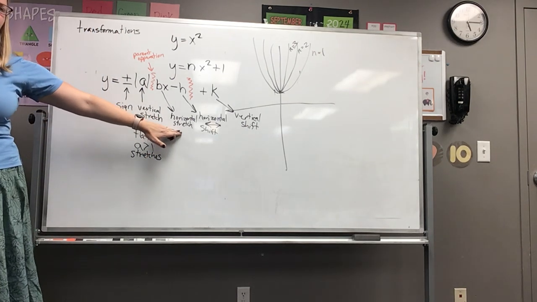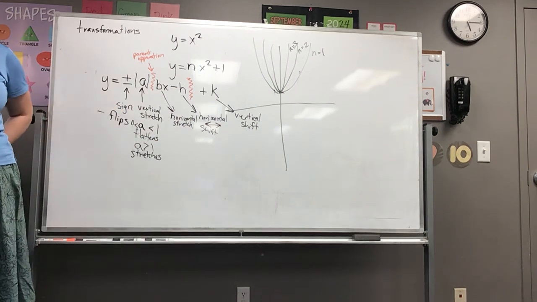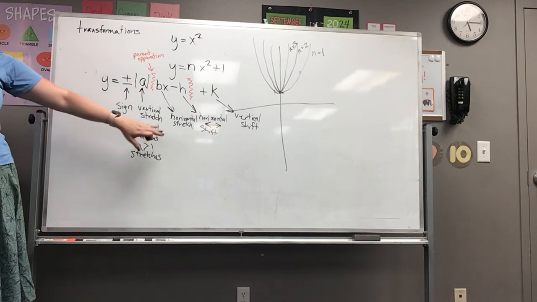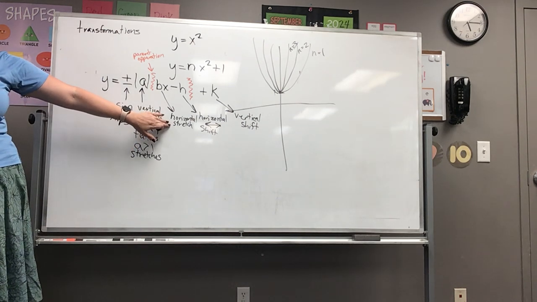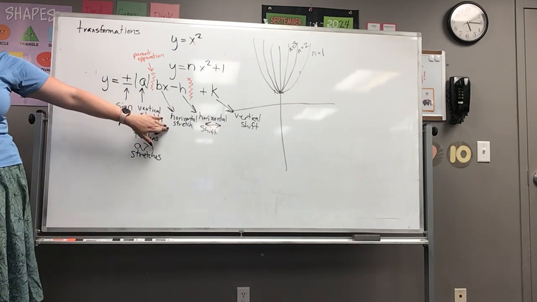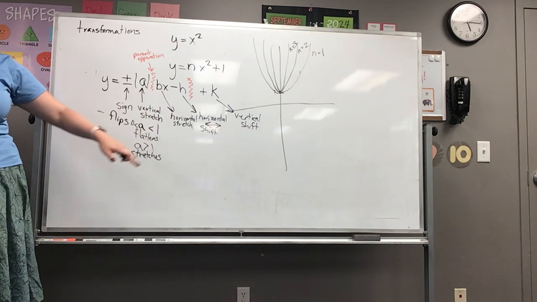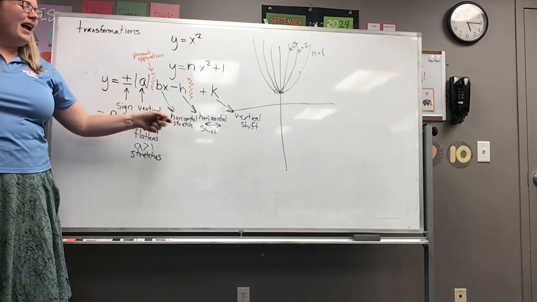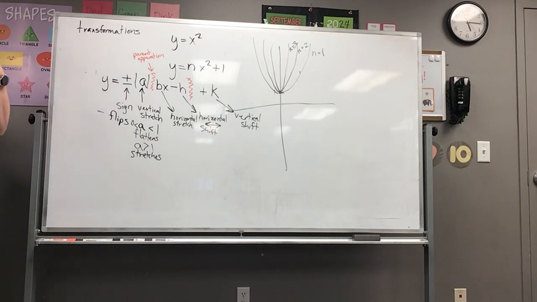The horizontal stretch on a lot of these would do kind of the same thing. The only time you're going to see this one is in sine waves or cosine waves because it affects how fast it goes up and down within the boundaries of top and bottom. But I would like you to apply logic to this.